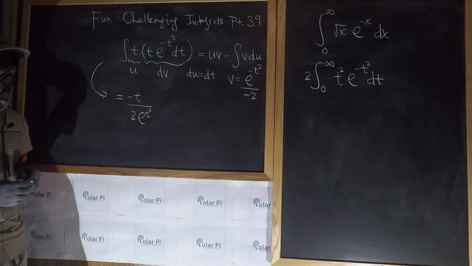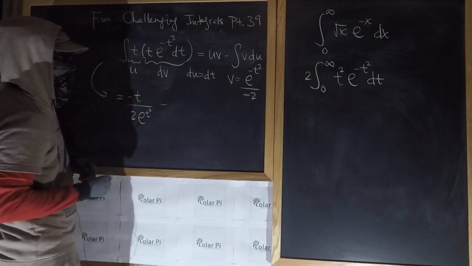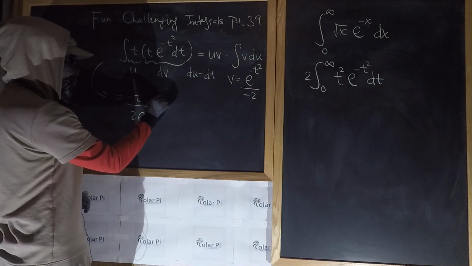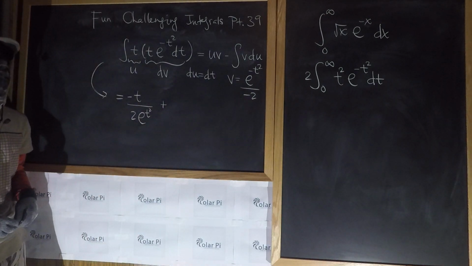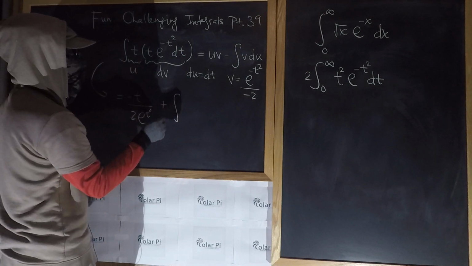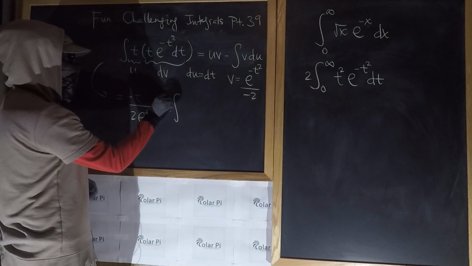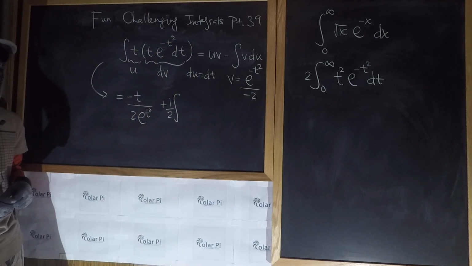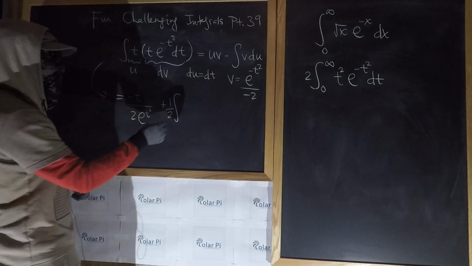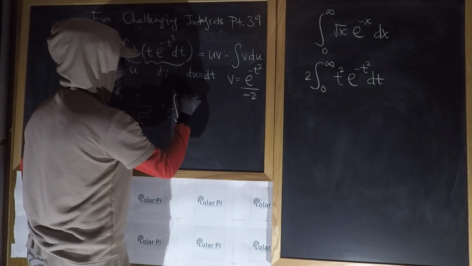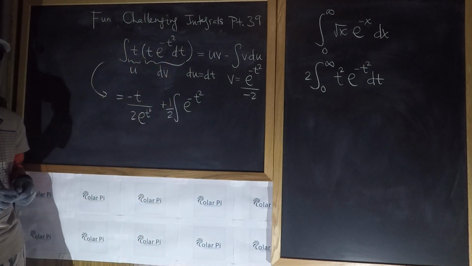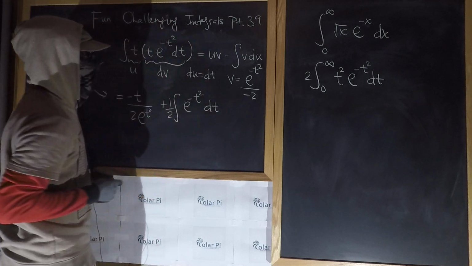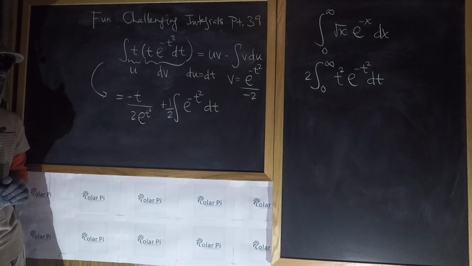And then minus, and v has a minus, so plus, right? And then the rest of v, a half, that's that denominator too. And then e to the minus t squared, du is dt, right? So dt. Okay, cool.